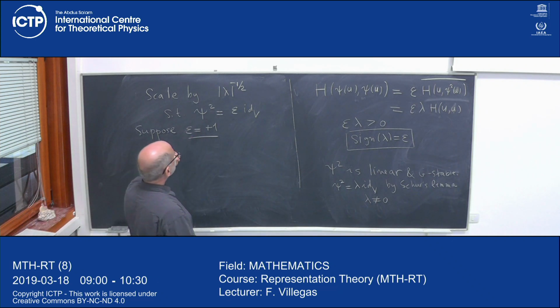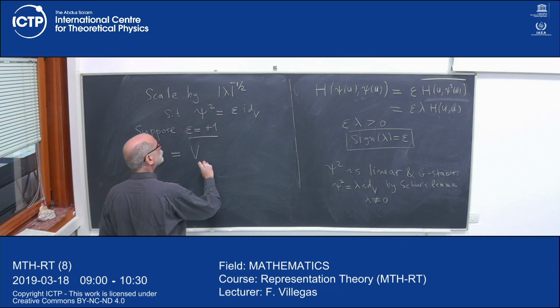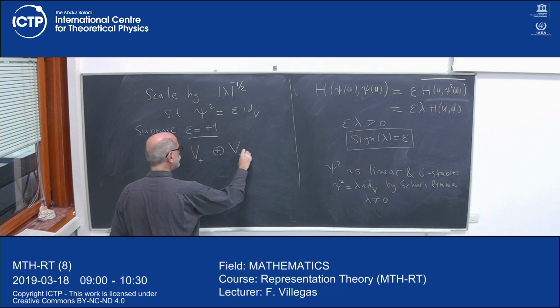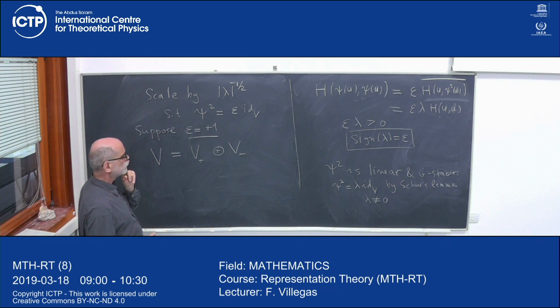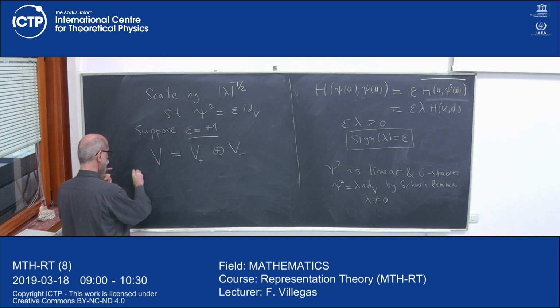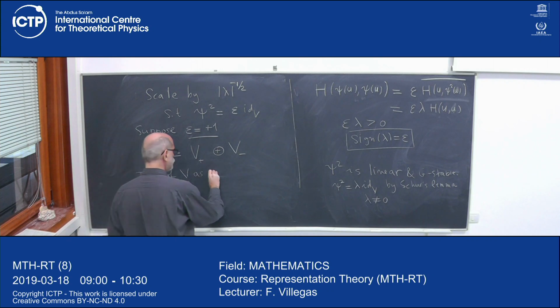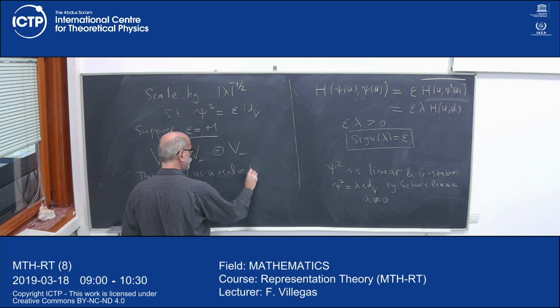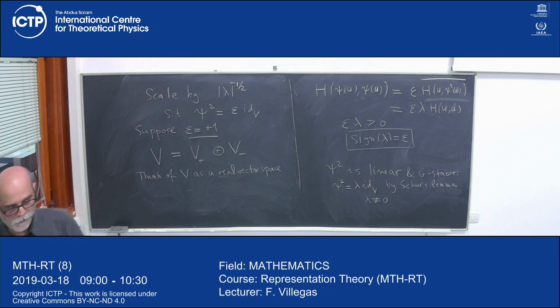Yeah, we can look at subspaces where psi acts as +1 and -1. So let me write this down. Let's think for a second the following thing. Think of V as a real vector space. It is a complex vector space, but you can think that we have a double dimension real vector space.